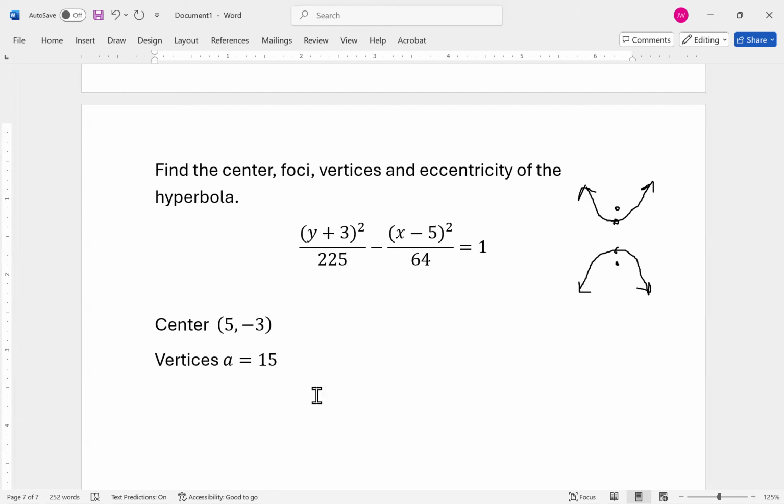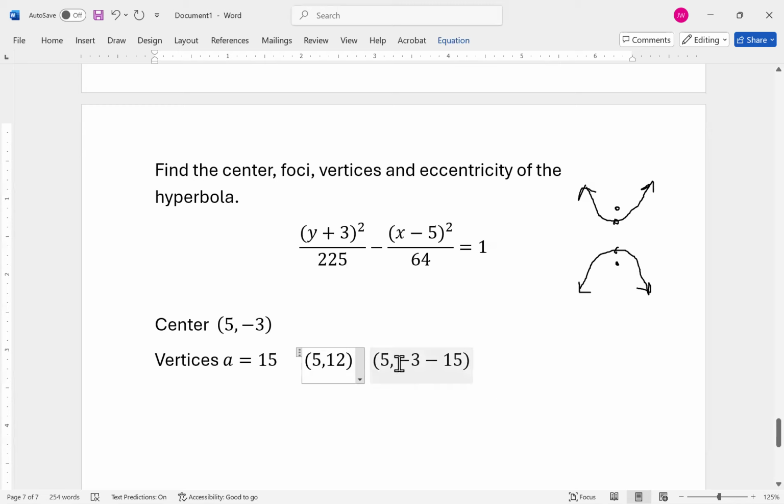The point is that the vertices you're going to get are going to be starting at the center, and then I have to move up 15 units, and then I have to move down 15 units. When I move up 15 units, I get to the point (5, 12).